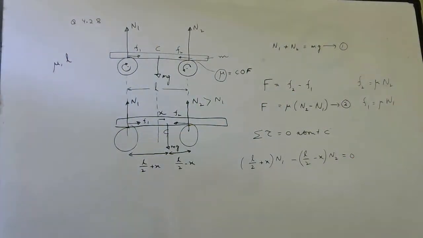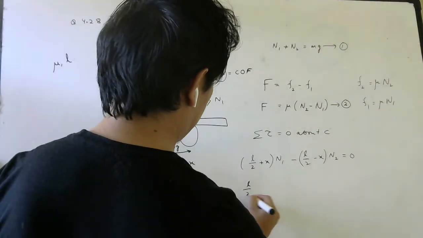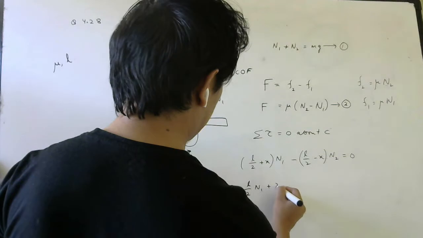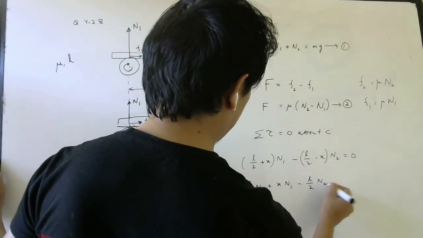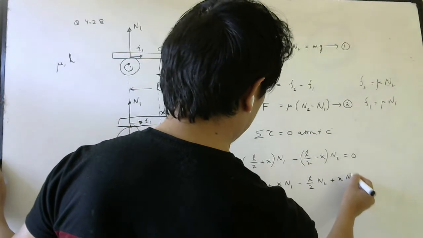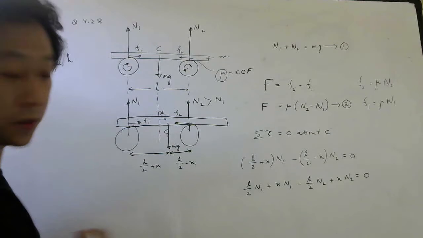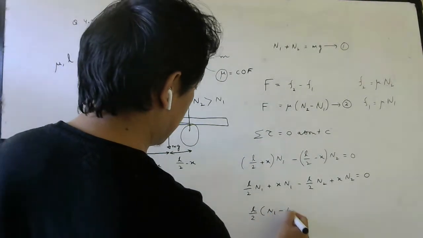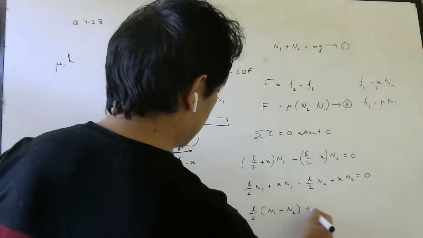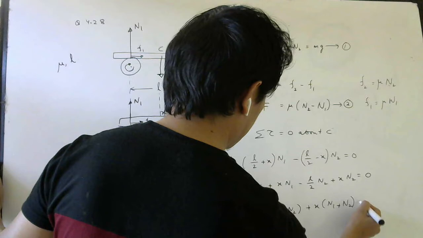No other torques. So if I take L by 2 N1 plus x N1 minus L by 2 N2 plus x N2 equal to 0, that will give me L by 2 common, N1 minus N2, plus x common, N1 plus N2, equal to 0.